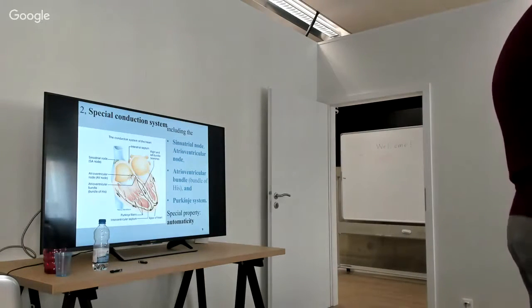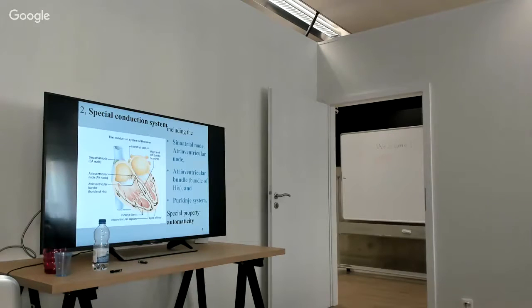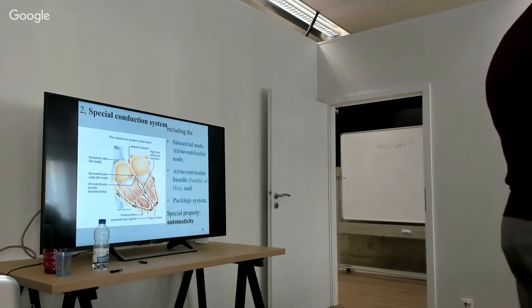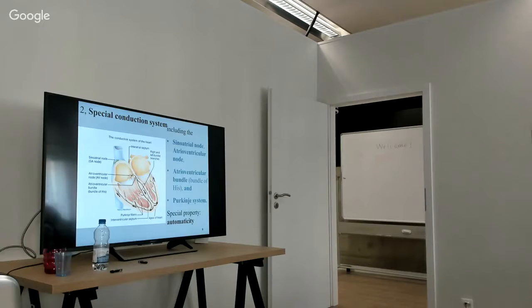If I want to give a punch, the brain has to think about it and give the order to the alpha motor neurons, which finally stimulate the muscle to contract.